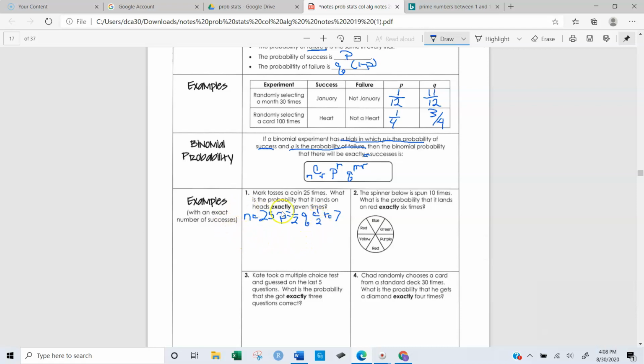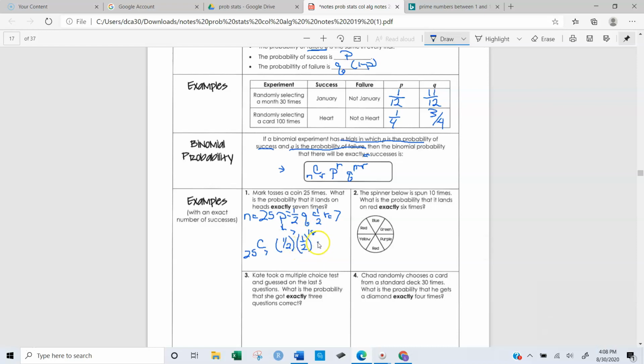All right, since there's only one thing I have to find here, there's only one probability we have to use. So it's 25 choose 7, because 7 times I want this to happen. My probability of success is 1/2, and I want that to happen 7 times. This is the P. The probability of failure is also 1/2, because this is the tails, and not happening is 18 times.